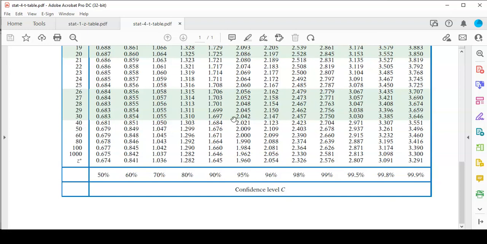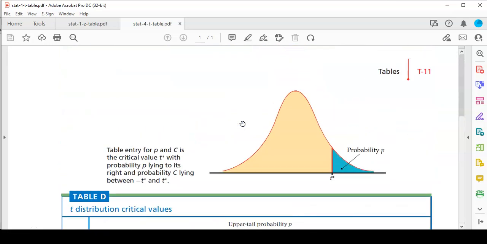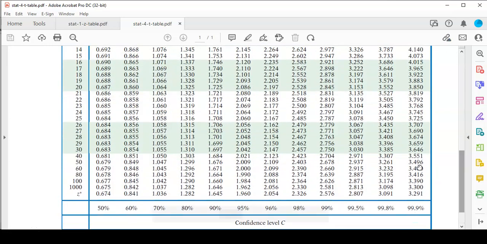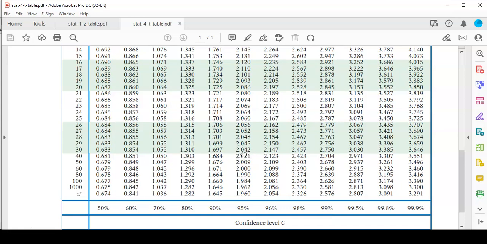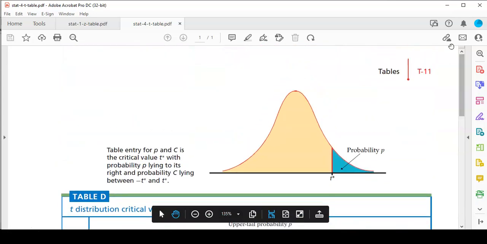Well, you can either estimate somewhere in between, or you can go to the safe side and take the smaller degree of freedom, or larger t-value, for a bigger margin of error, 2.042. You can go ahead and do that. Or you can do an appropriate estimation somewhere in between. I mean 2.042 versus 2.021, about 2.03 or something like that. You can do that too. I wouldn't mind either way.